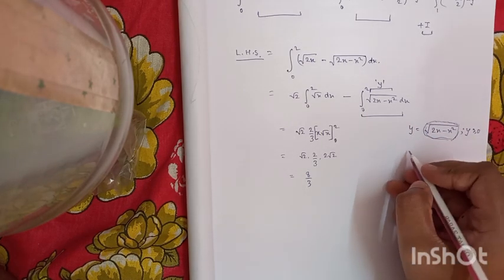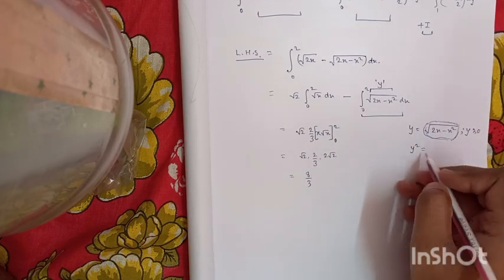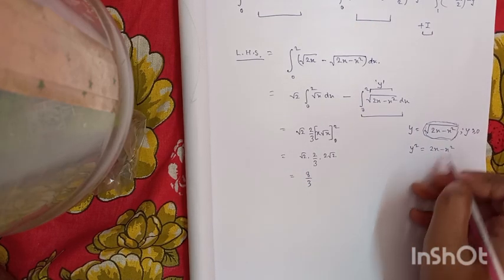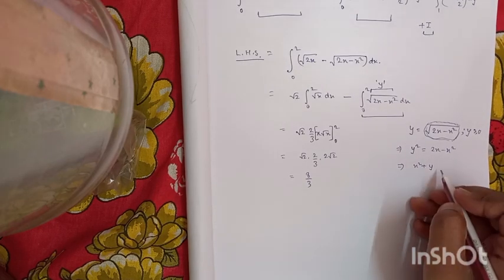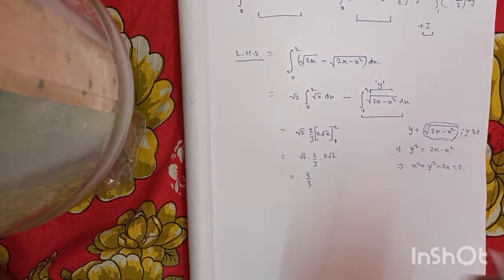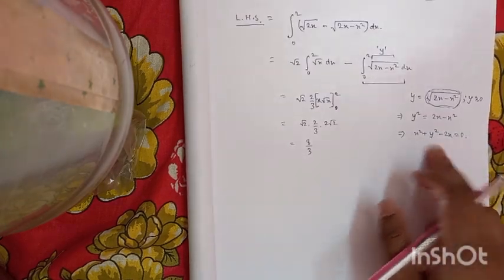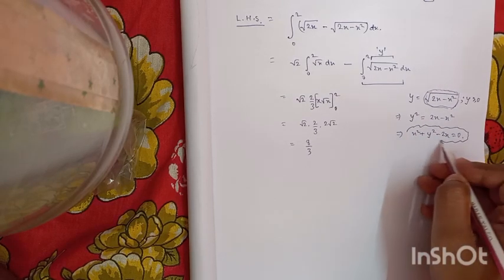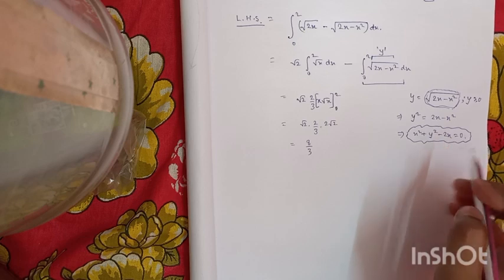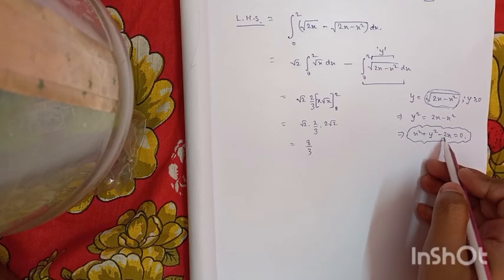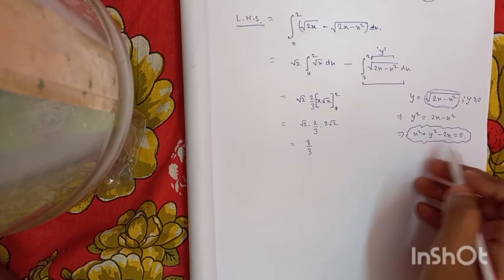So if we square both sides, then y square equals 2x minus x square, or x square plus y square minus 2x equals 0. So what is this equation? This equation corresponds to a circle which is centered at 1, 0 and has a radius 1.